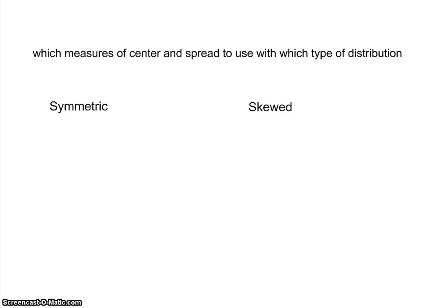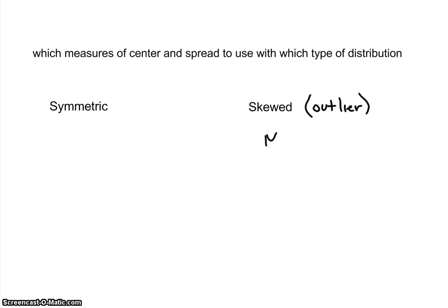So a lot of times what we have to do is decide which measures I'm going to use if I have a certain type of distribution. This is why when we go back to section 2 and we looked at our graphs and we talked about the SUX idea, describing my distribution. Symmetric or skewed. Okay. Skewed means you probably have some outliers. Okay.